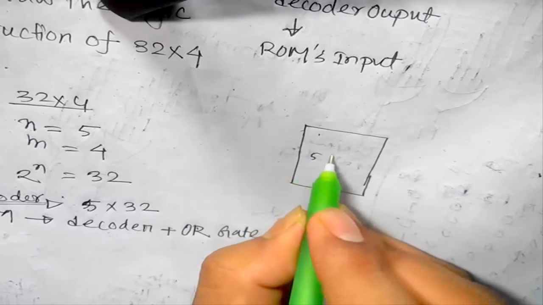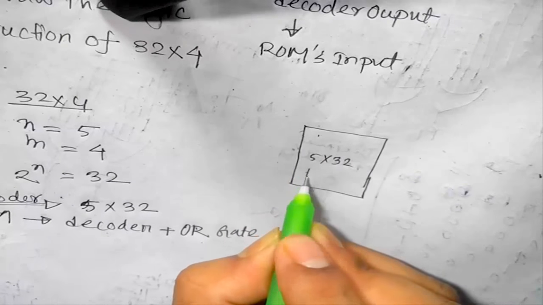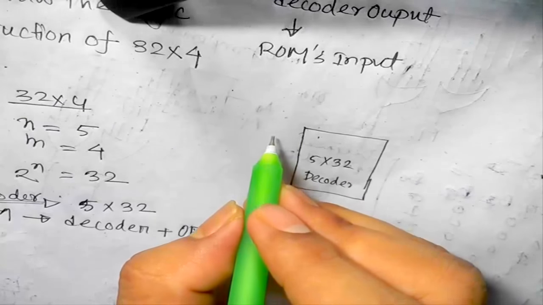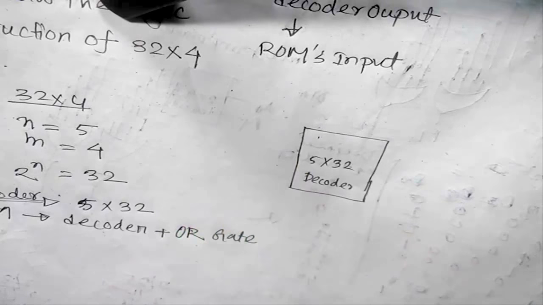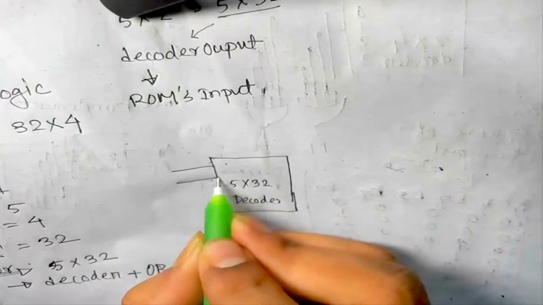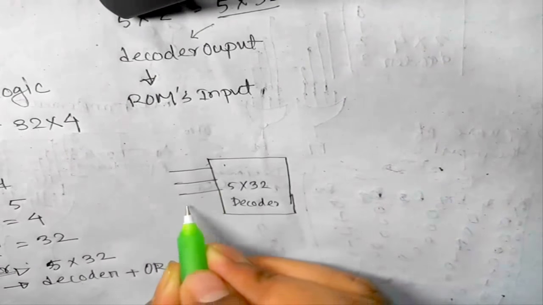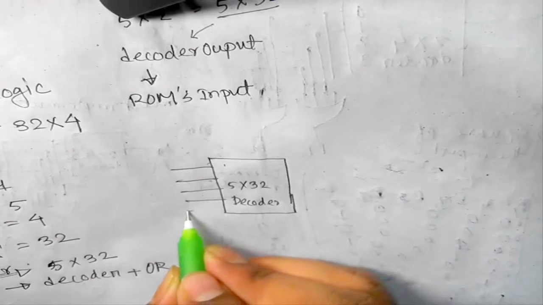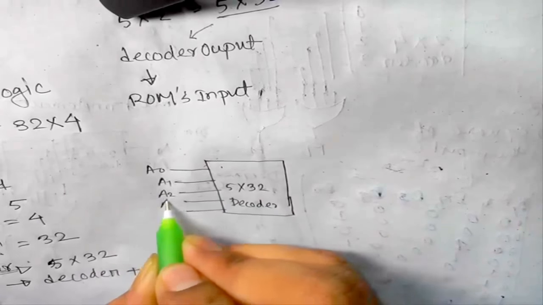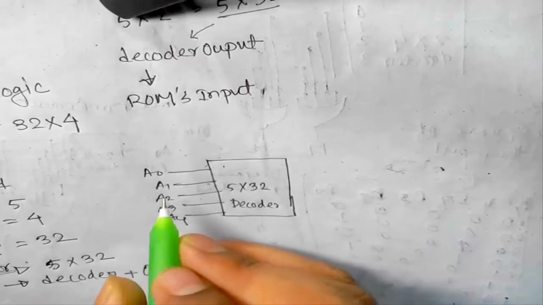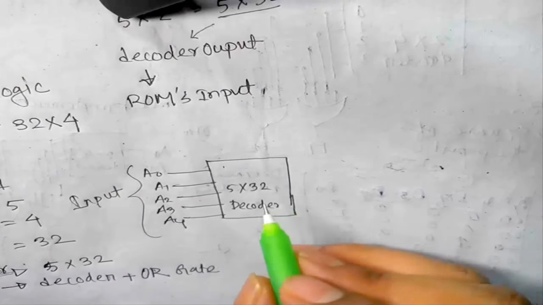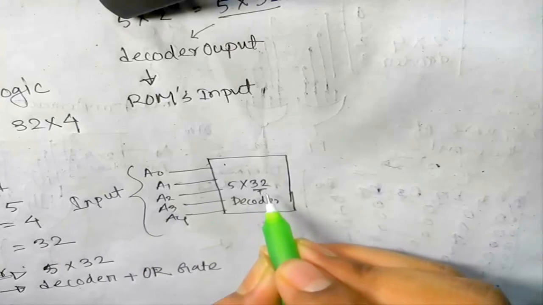This is a 5 into 32 decoder, and this is A0, A1, A2, A3, A4, which is the input, and the output of this decoder is 32.